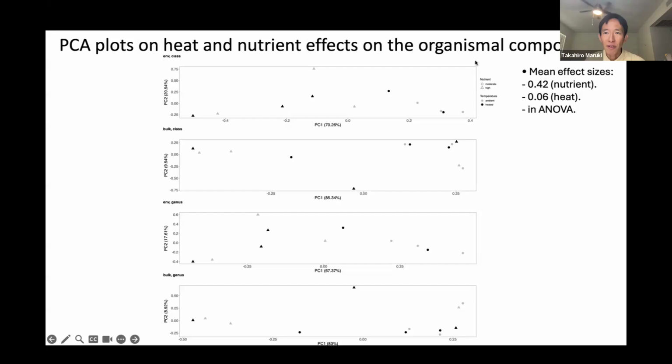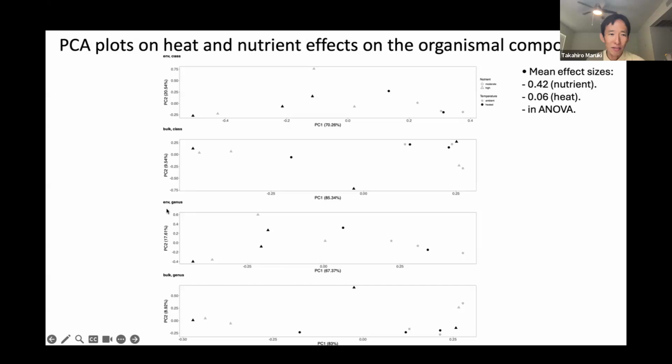Here, the effect size was 0.42 for nutrient response and 0.06 for heat response in analysis of variance, indicating that the effect of nutrient on the organism composition is much stronger than the effect of heat. In the bulk sample, on the other hand, our samples were not separated by either nutrient or temperature condition.